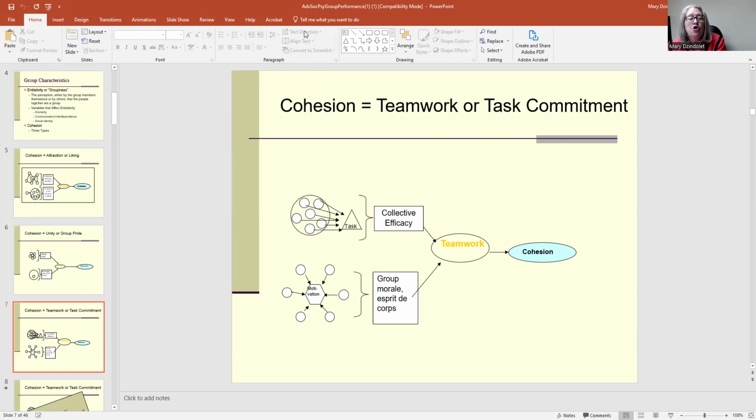And it's sort of like, how good do you think you are at this particular task? How good do you think you are at writing? That's your self-efficacy. Well, a group can have efficacy. So this group, how much does each member of the group believe that this group can get this task done and do it well in a reasonable amount of time? That's collective efficacy. How confident are each of us that we'll be able to get this task done if we work together?